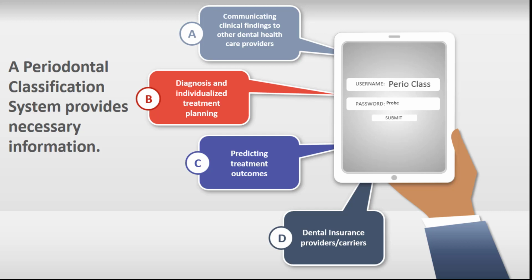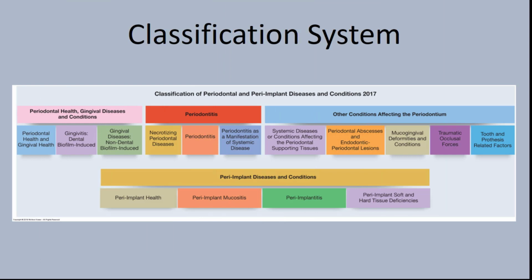The insurance companies need you to justify why you're charging this patient a D4341 or D4342 code. We need to justify that we are indeed providing ethical and honest treatment based on our findings.